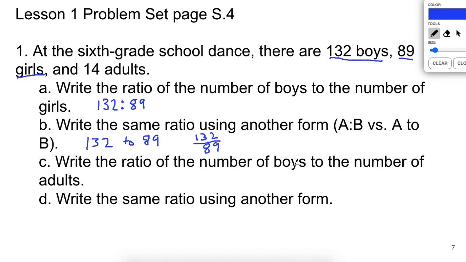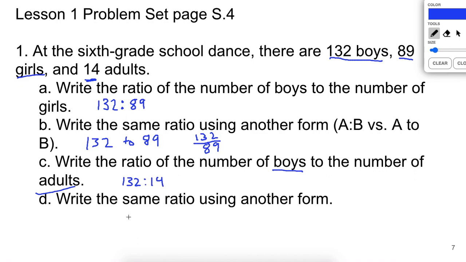Okay, now this next one wants the number of boys to the number of adults. So our boys is 132, and the adults is 14. So that is our ratio of boys to adults.